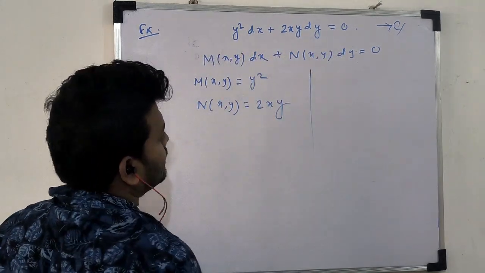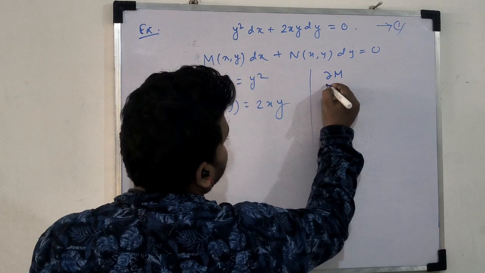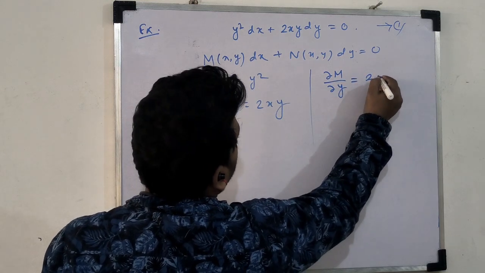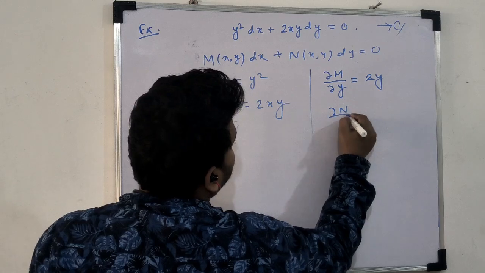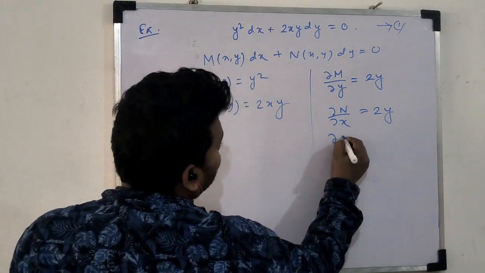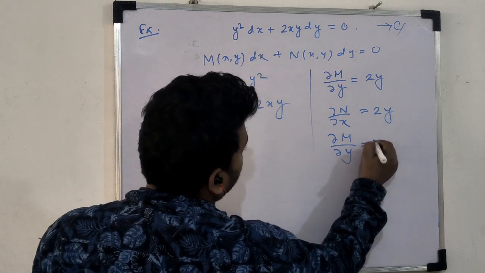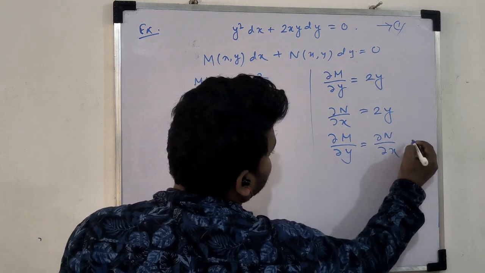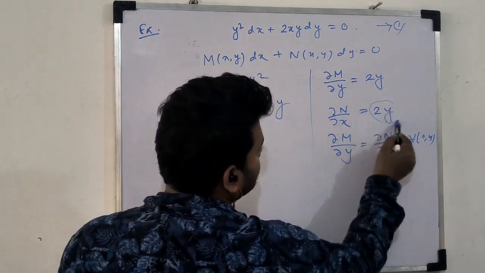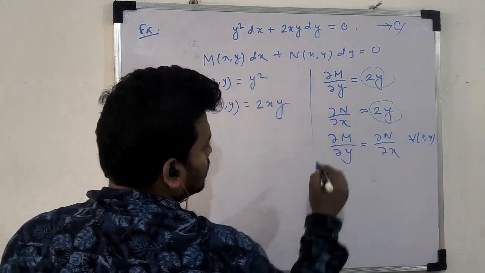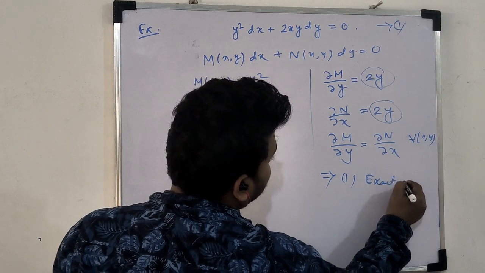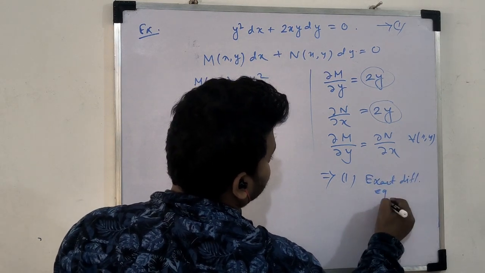For that, we find ∂M/∂y, which is 2y, and ∂N/∂x, which is also 2y. So ∂M/∂y equals ∂N/∂x for all (x, y) in the given interval. Therefore, this is an exact differential equation.